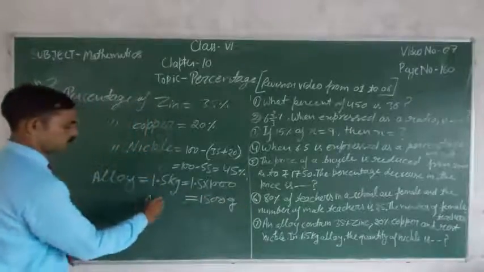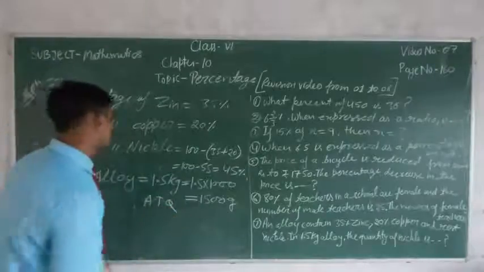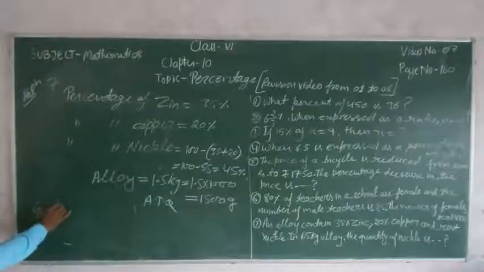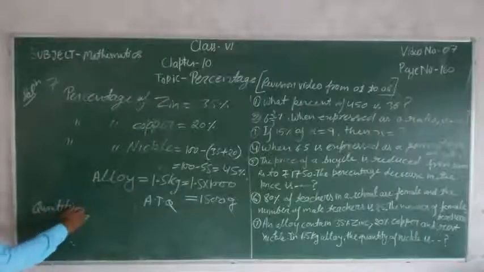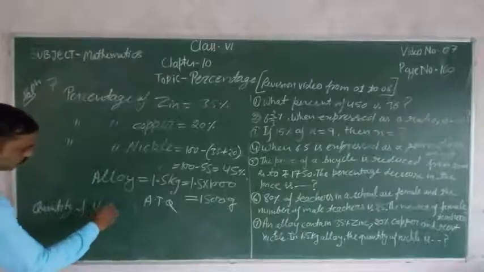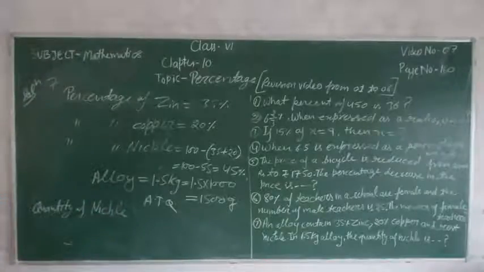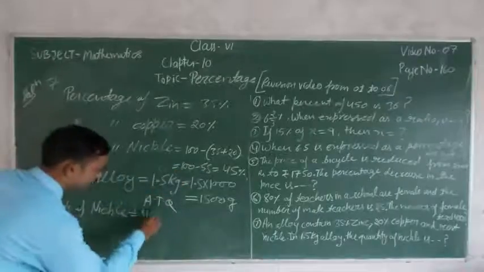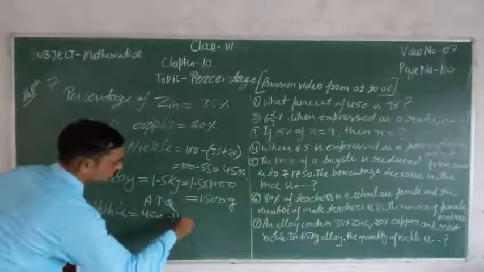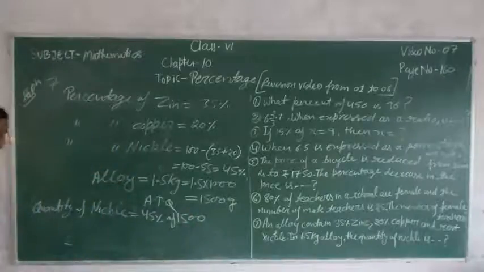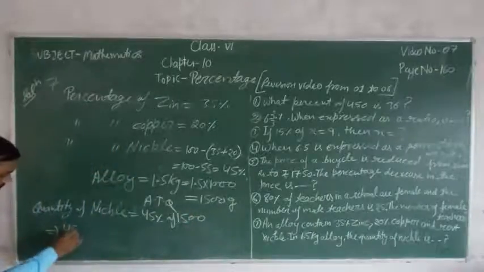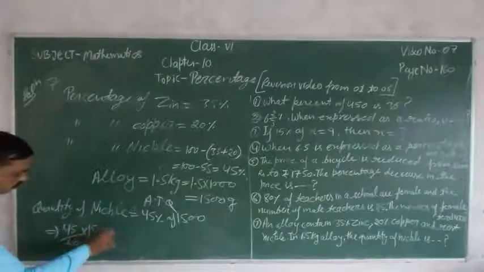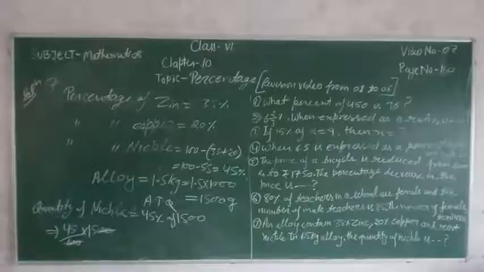Now according to the question, quantity of nickel is equal to 45% of 1500 gram, and that is 45 by 100 multiplied by 1500, 20 cancels.